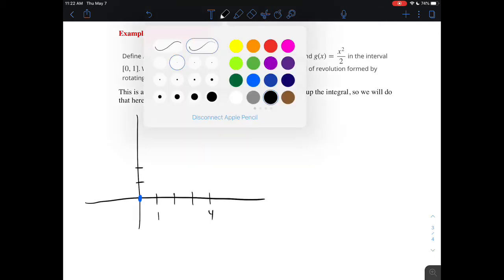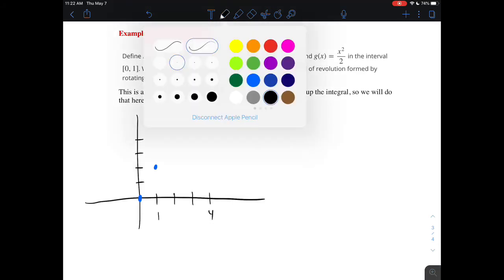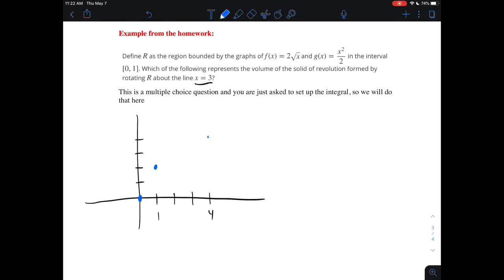So I have a coordinate at 1, 2. And then if I plug in 4 into f of x, I get 2 times the square root of 4, so that's 2 times 2, or 4. So now I have some points for f of x, and I can draw a curve representing those.